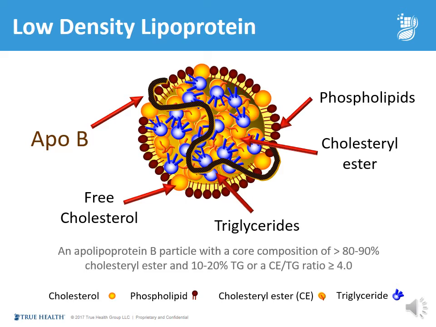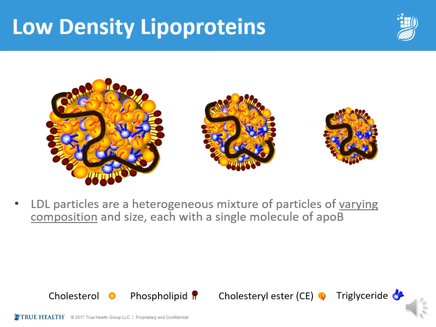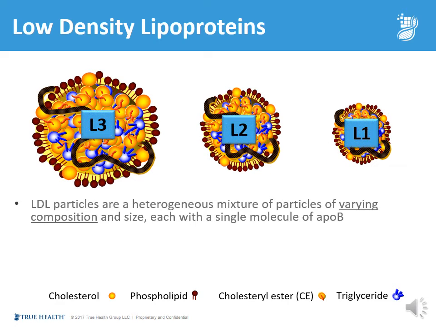HDLs do exist in a heterogeneous mixture of variously sized and composed particles. And as mentioned, LDL particles are a heterogeneous mixture of particles of varying composition and size, each with a single molecule of apolipoprotein B. We have many LDL particles, but they each are unique particles with their own diameter, their own composition.